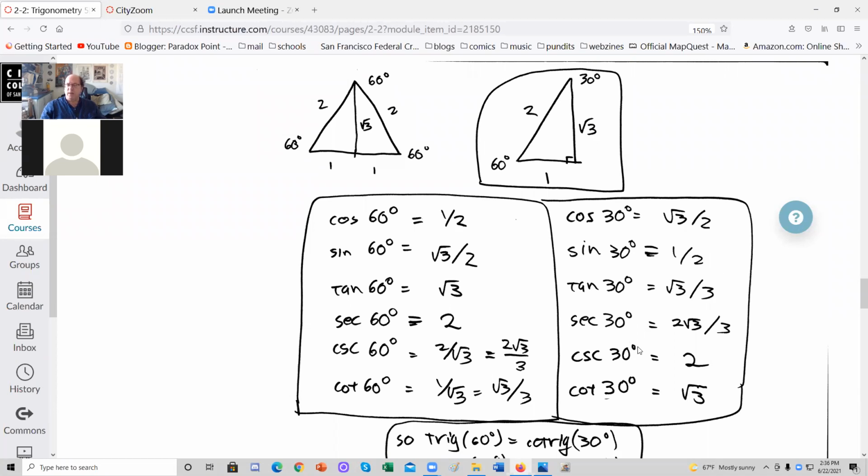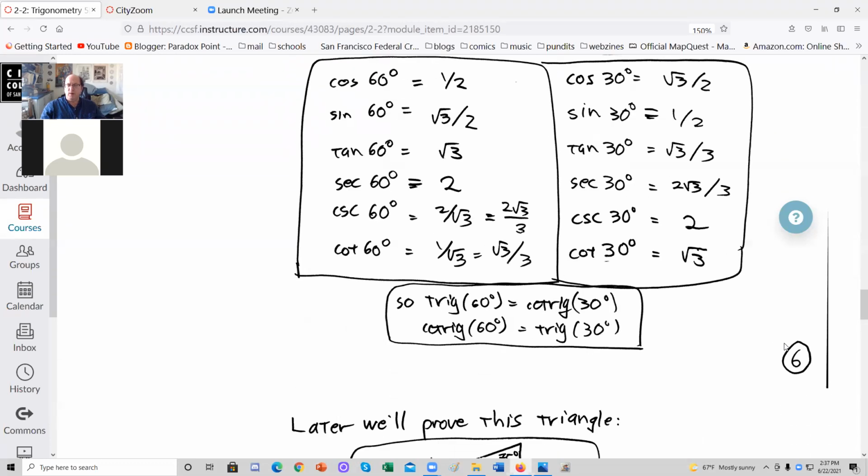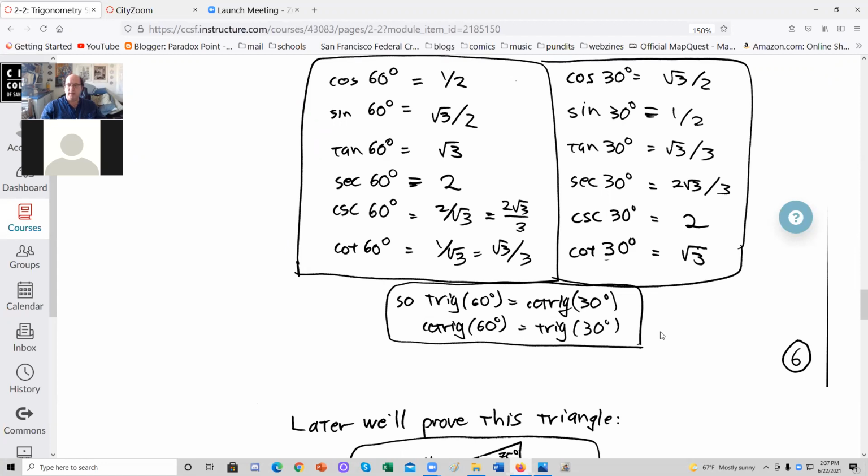Cosecant 30 is reciprocal of sine 30, reciprocal of a half, or 2. Cotangent 30 is reciprocal of tan 30, which works out to root 3. So, okay, as ever, trig 60 is cotrig of 30, cotrig 60 equals trig of 30.